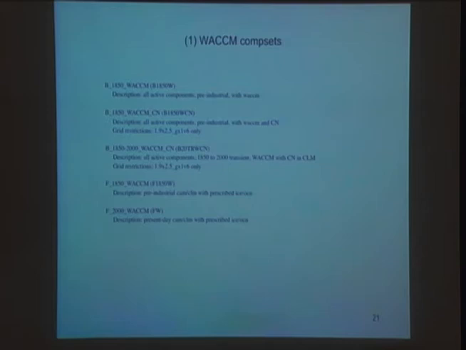Right, so the bottom case, the F2000 WAACM, is a good place to start. The 2000 is constant present day conditions, roughly, as forcing conditions. And by forcing conditions, you're basically saying carbon dioxide, sea surface temperatures, and ice coverage.